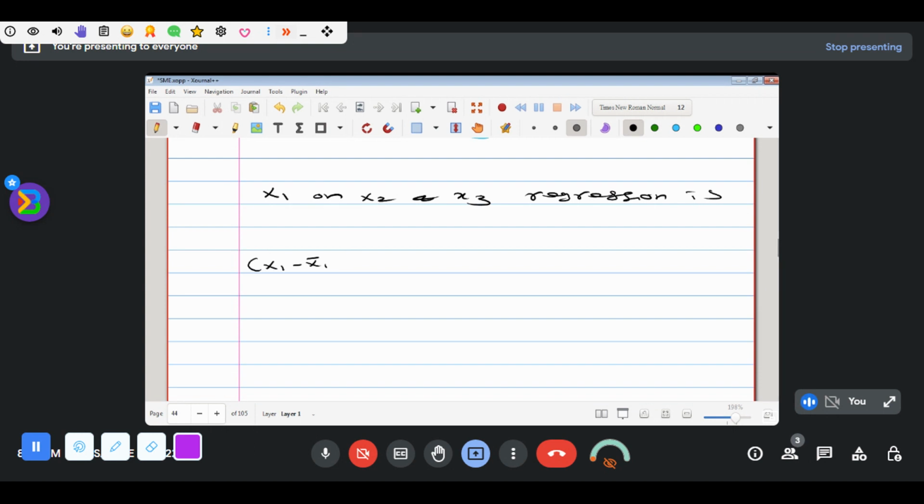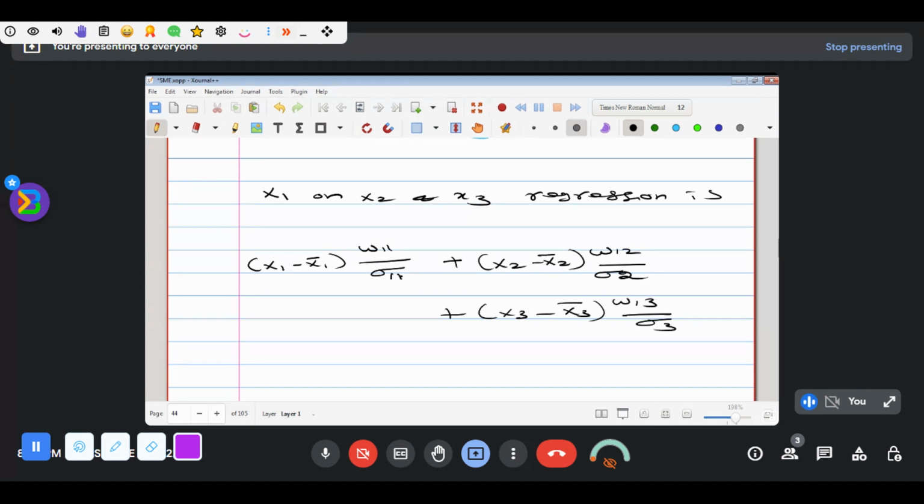(X1 minus X1 bar) into omega 11 divided by sigma 1, plus (X2 minus X2 bar) into omega 12 divided by sigma 2, plus (X3 minus X3 bar) into omega 13 divided by sigma 3.